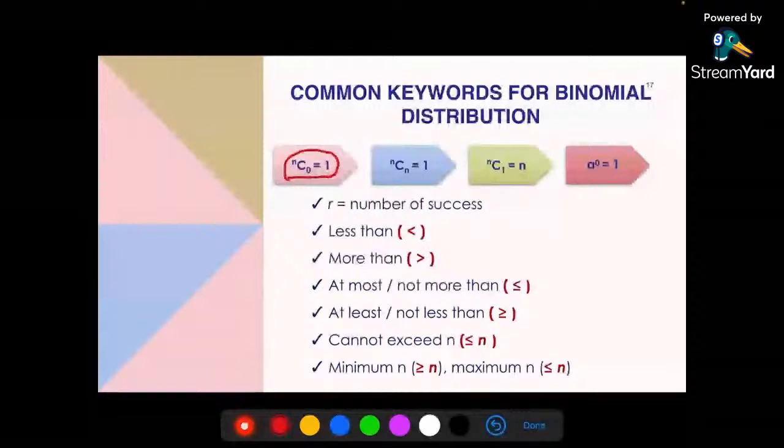Tekan je kan, it is 1 je sebenarnya. Okay, NCN is always equals to 1. Tak kisahlah 12C12, 4C4, dia 1. So NC1 is equals to N, sorry. Okay, a power of 0 ni dah kita belajar dalam indices which is equals to 1. A power of 0 is always equals to 1.